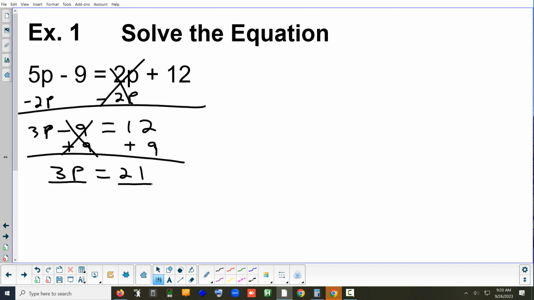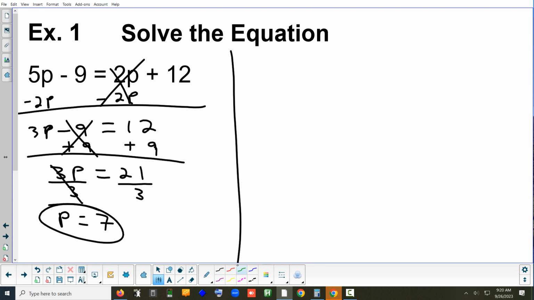And then because 3 is being multiplied by p and we want to get rid of it, we're going to divide each side by 3. And 21 divided by 3 gives me 7. So that's one way that you can solve this one, by putting all the p variables on the left side.